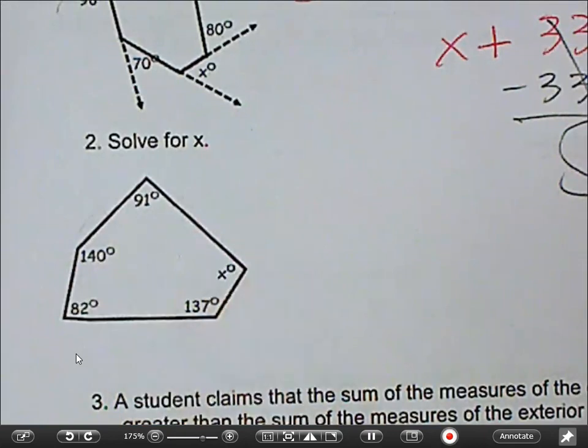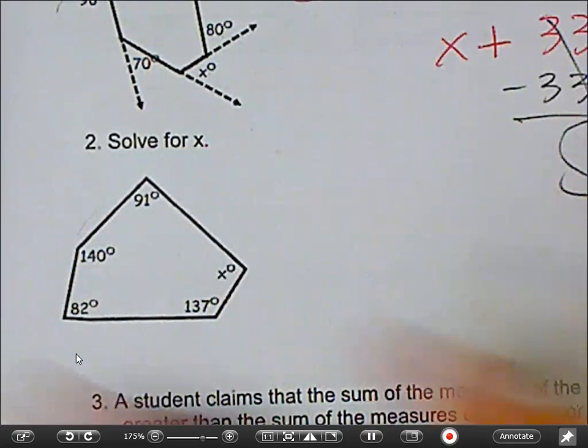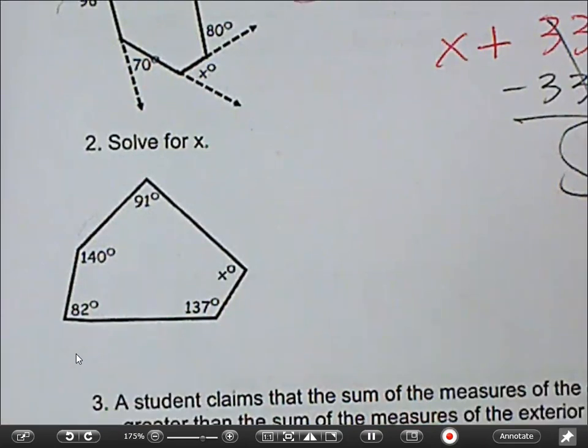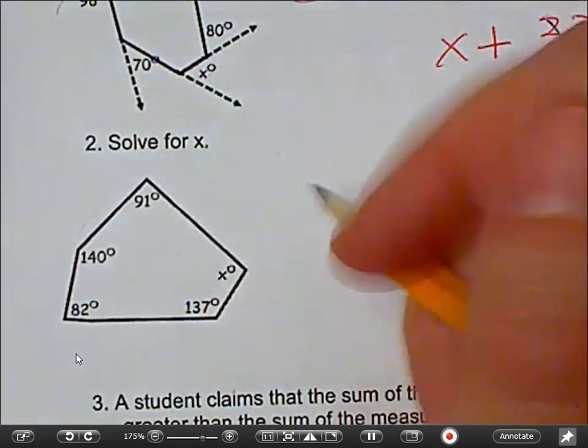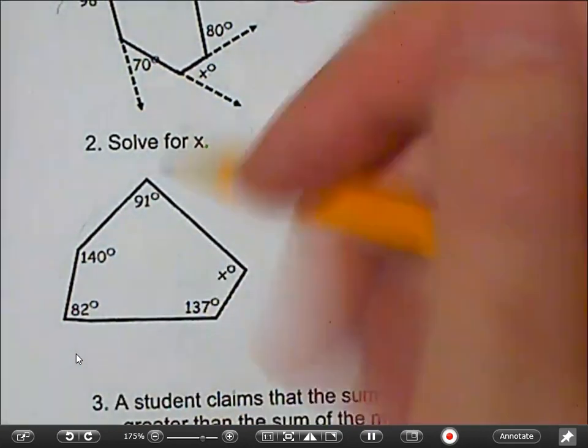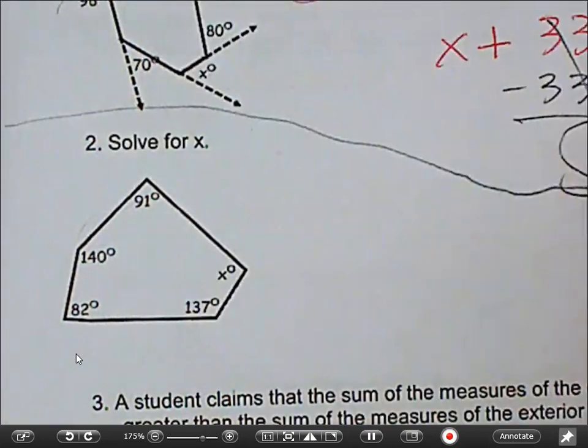The interior angle sum changes depending on how many sides the shape actually has. Hence, before we try setting up an equation, we have to figure out what the angle sum of all these interior angles actually is, which means we're going to bring back a little pal that we used before.